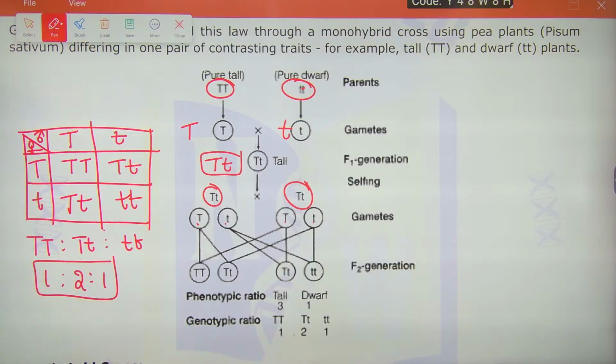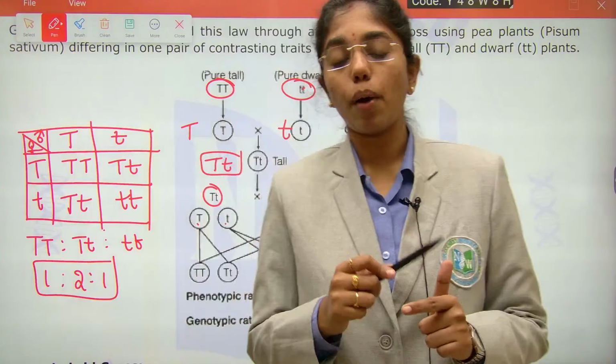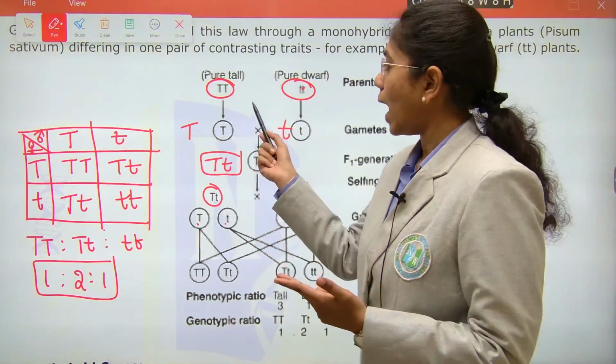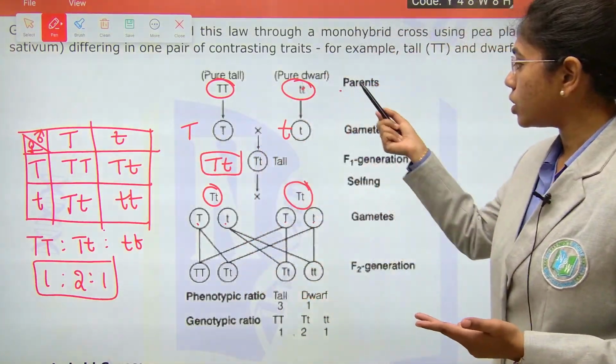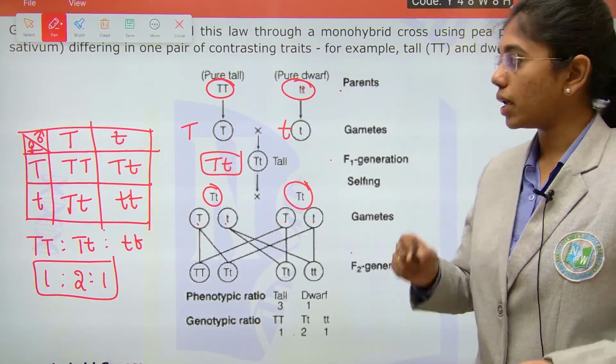This is both for phenotypic and genotypic ratio. Clear till here? Understood? So explain about the law of dominance followed by the dominant allele and recessive allele, and then give out the parental generation, F1 generation, F2 generation with gametes in a clear way.